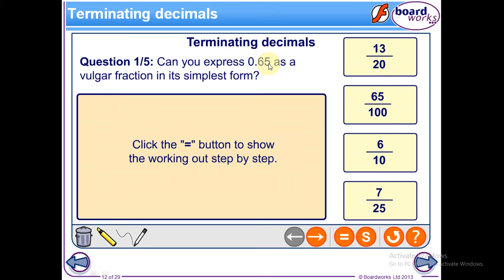Definitely, if you look at this one, the place value of 5 here is 100, so you should have 65 out of 100. But we want to reduce it to simplest form, so you can take your calculator now and complete the task accordingly, because I'm not going to waste much time with this. I'll just use my calculator to do the same. Dividing 65 and 100 by 5 will reduce it to lowest terms, and that is 13 over 20.